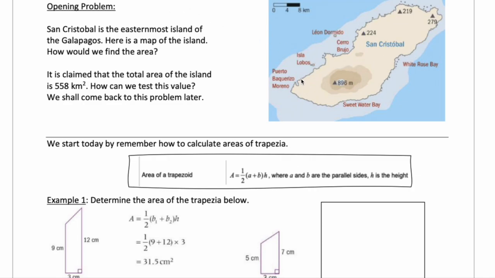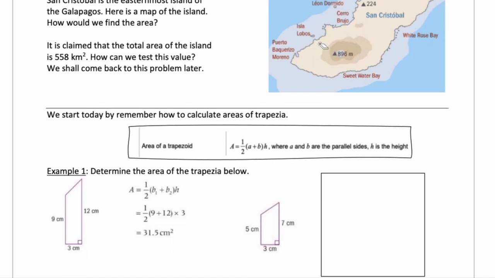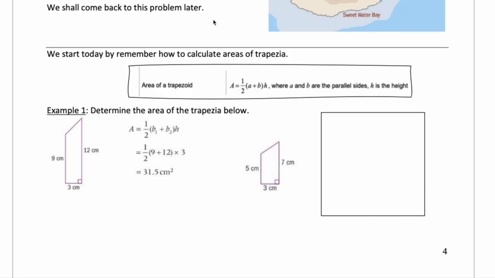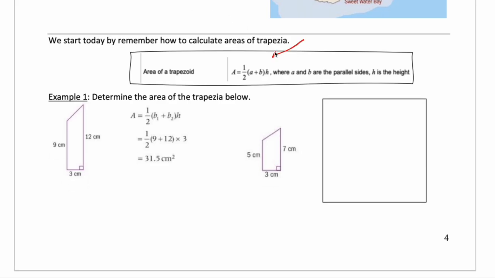One systematic way is to split it into a bunch of small rectangles and add up those areas. Or, to be a little more accurate, use a bunch of trapeziums, or trapezia. We'll talk more about that later, but right now we're looking at the area of a trapezium first.